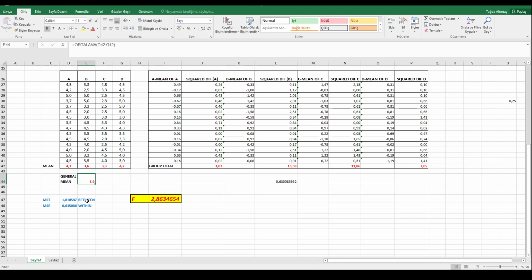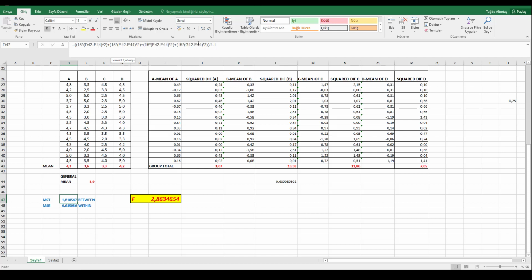How do we calculate the variance between? If you look at this formula, first the sample size 15 is multiplied by the first group mean, which is 4.3, minus the general mean, squared. Then the same for the second group, third group, and last group.